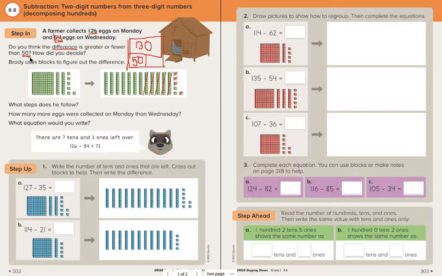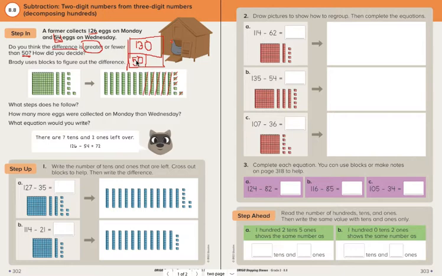So I am pretty confident that if we have 126 and 54 and we find the difference between those, it's going to be greater than 50, because 130 and 50 is 80 difference.